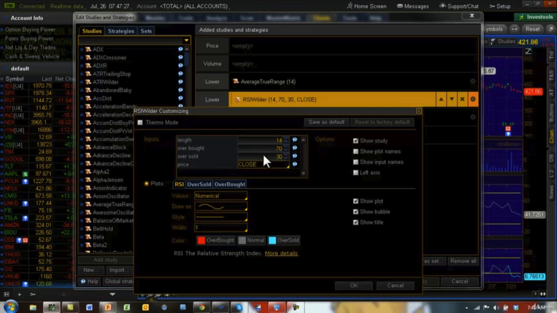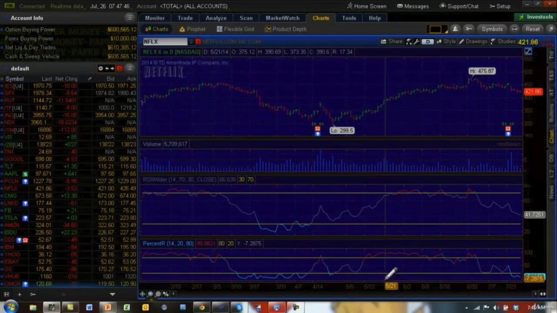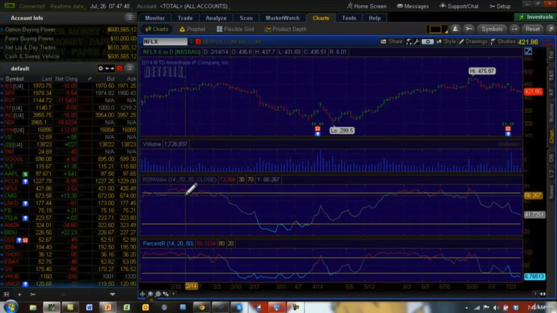If you wanted to be a little more stringent, you can change these numbers to 80 and 20 or 90 and 10, whatever the case might be. Basically, you're telling yourself when you want to be alerted that a stock may be oversold or overbought. So let's take a look at the charts and look at the RSI first.